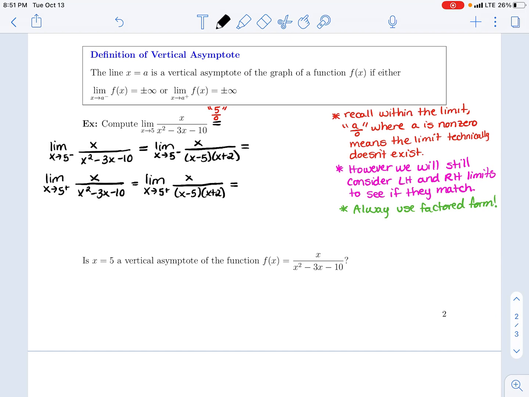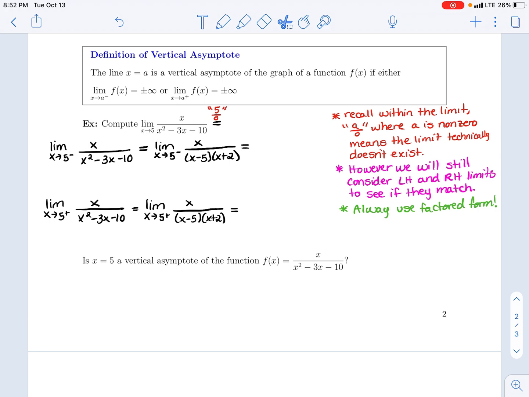And so what I'm going to do here with this left-handed limit is, in air quotes, plug in 4.9.